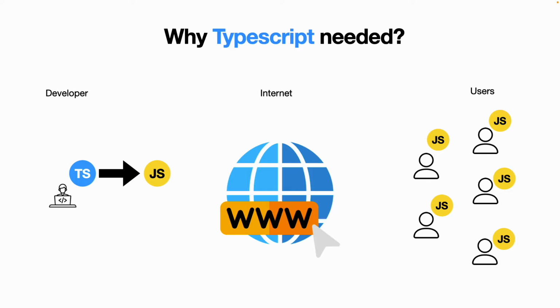This is the way we solve the problem from the developer side without affecting users, who don't need to change their devices. TypeScript is solving a major problem for developers, helping them write bigger code in a much simpler fashion.